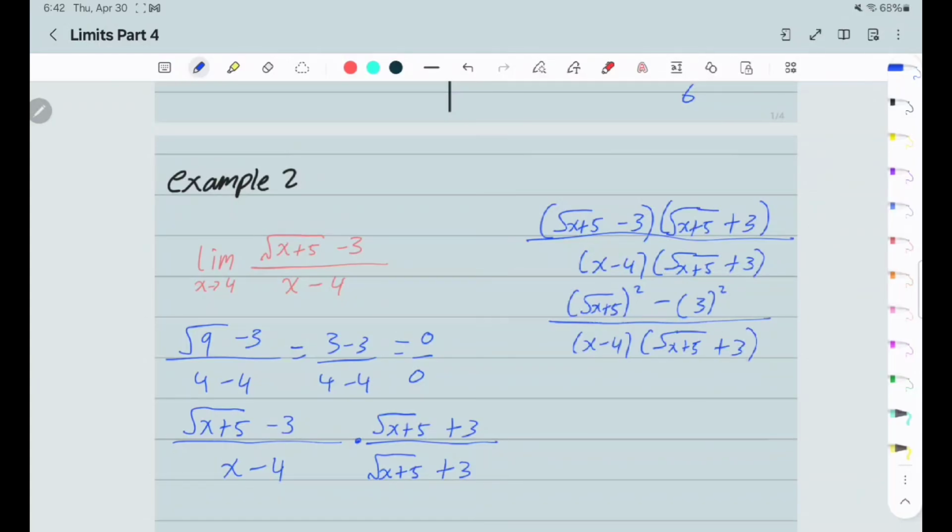Now if we expand the top, this cancels this, and then we're left with x plus 5 minus 3 square is 9, and the bottom we have x minus 4 multiplying with root x plus 5 plus 3.